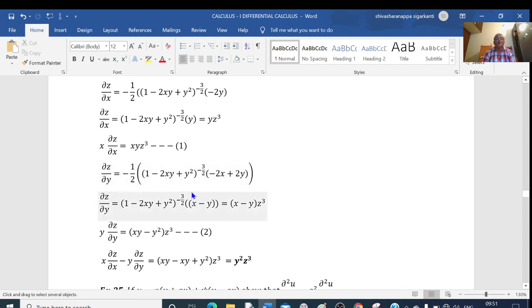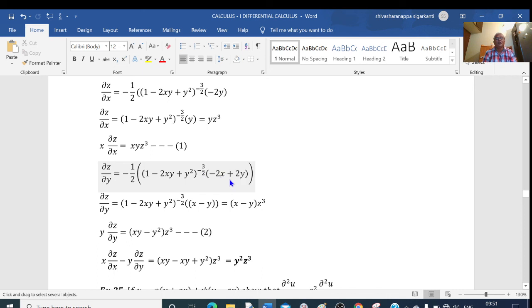Or we write this as taking minus 2 common factor here. Then I am getting minus 2 into (x minus y). And 2 gets cancelled. Minus into minus plus. What remains is, I am getting (1 minus 2xy plus y²) to the power of minus 3 by 2 into (x minus y).